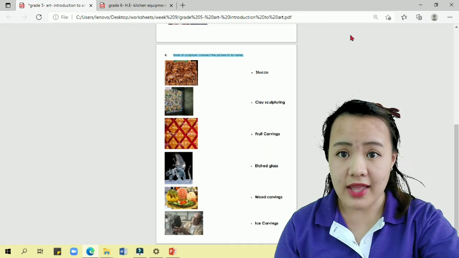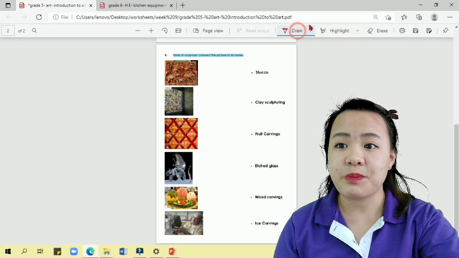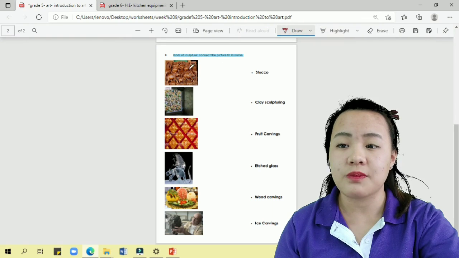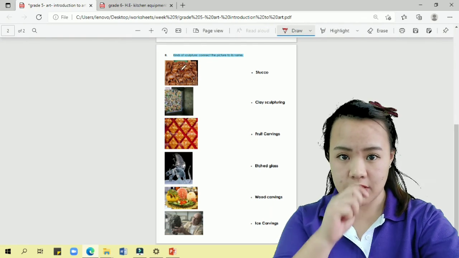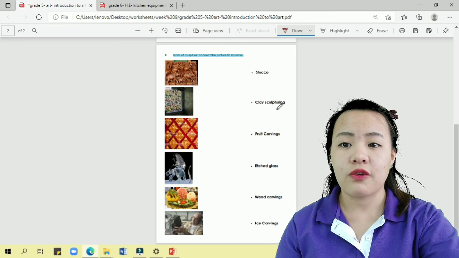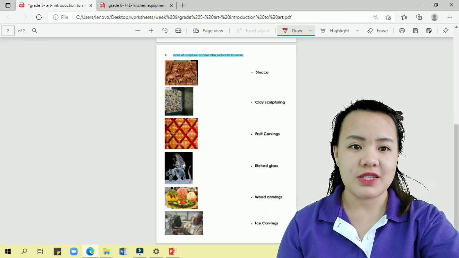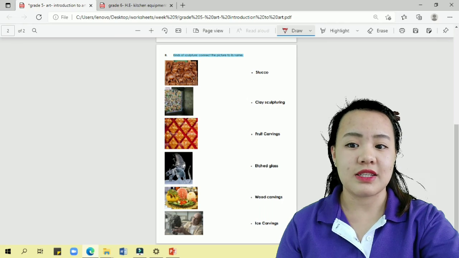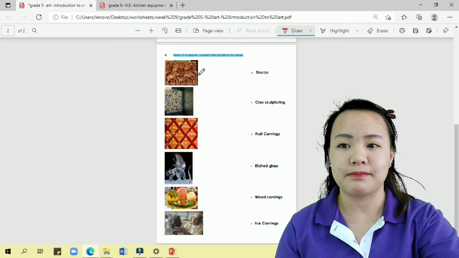Let's try answering the first picture. What kind of sculpture is this? Is it stucco, clay sculpturing, fruit carvings, etched glass, wood carvings, or ice carvings? The answer is this one, wood carving. So you're going to connect.